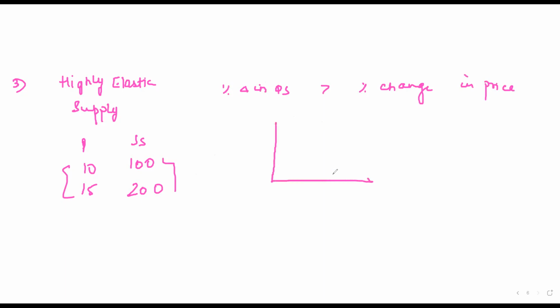Let us try to plot this on a graph for a moment. Okay, this is quantity supplied and this is price. So in this kind of a situation, let us say the price was 10, now it's become 15. Let's take a scale of 5. So let us say this was 5, 10, 15, and on this side we have 100 and 200, right?